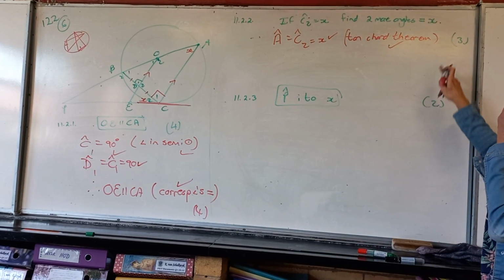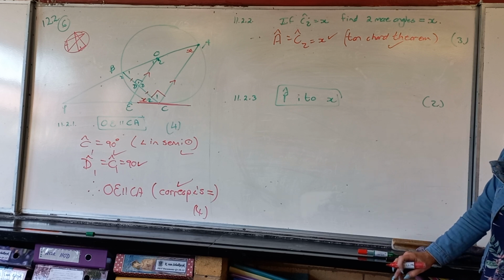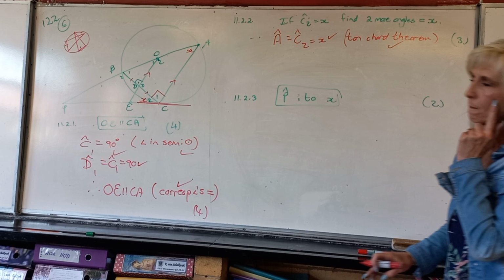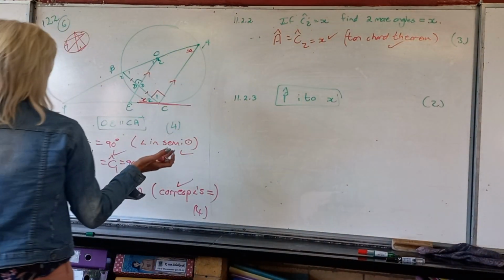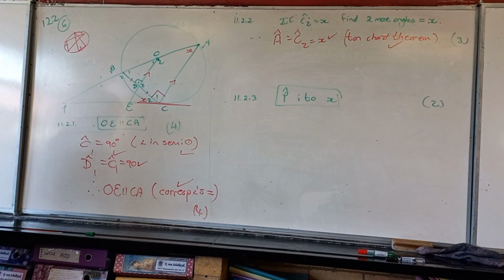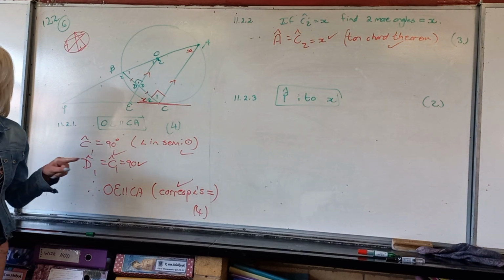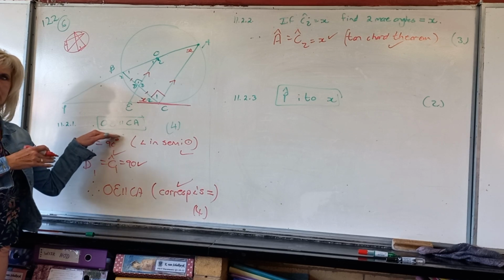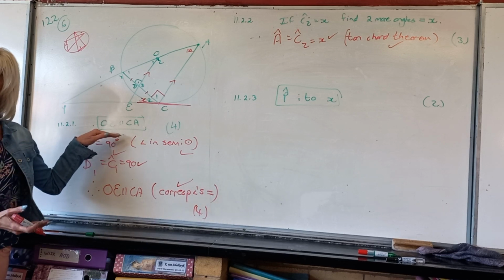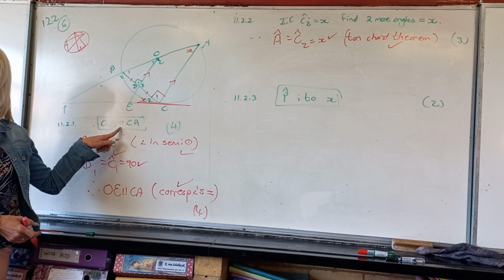Because the third one, where is the third one? Where can I get another one that's X? Has to be if they say I need another one. Okay, let me help you. Sums are scaffolded. So what?